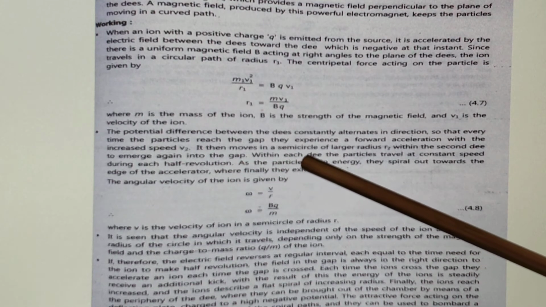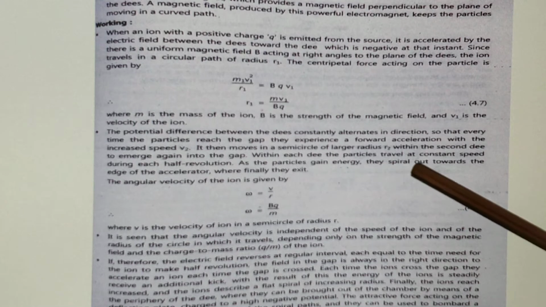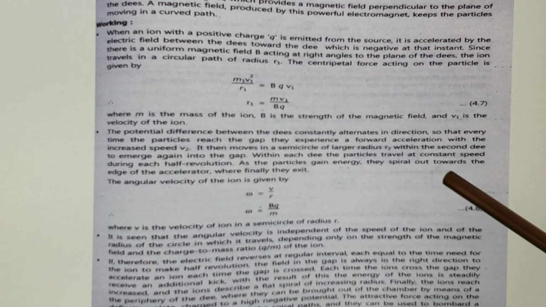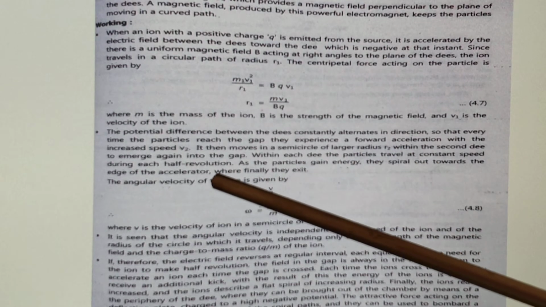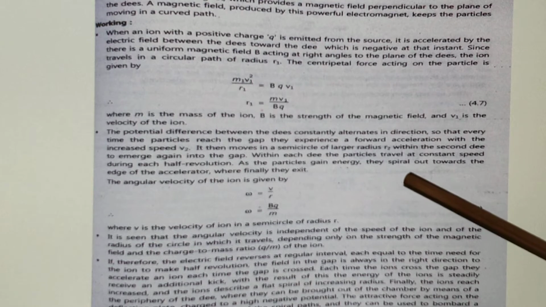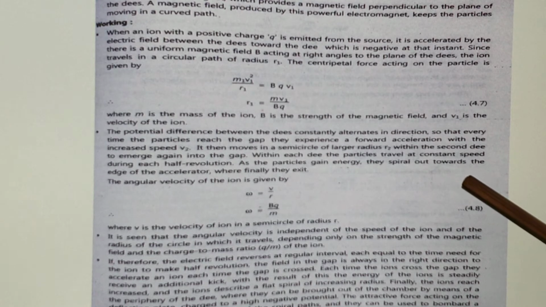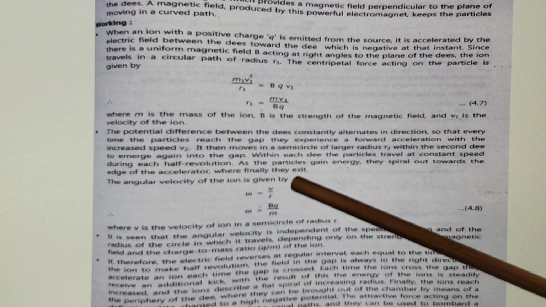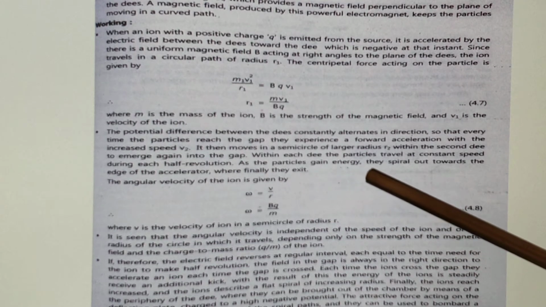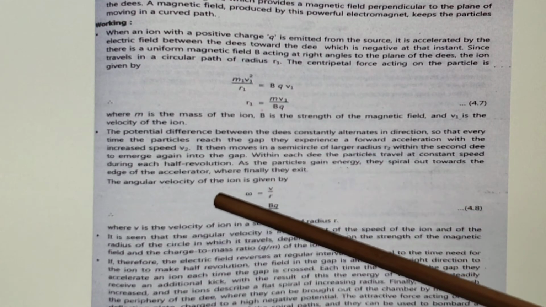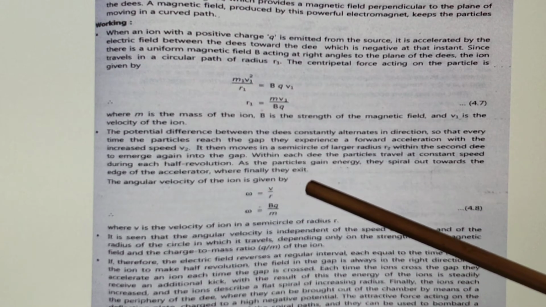It then moves in a semicircle of larger radius r2 within the second D to emerge again into the gap. Within each D, the particles travel at constant speed during each half revolution. As the particles gain energy, they spiral out toward the edge of the accelerator where finally they exit.